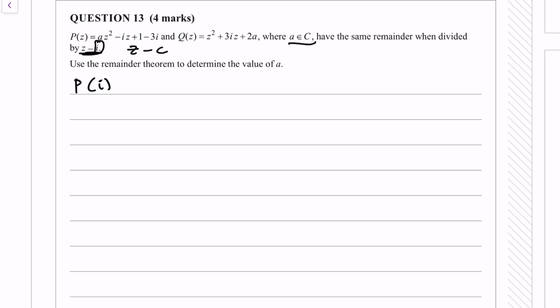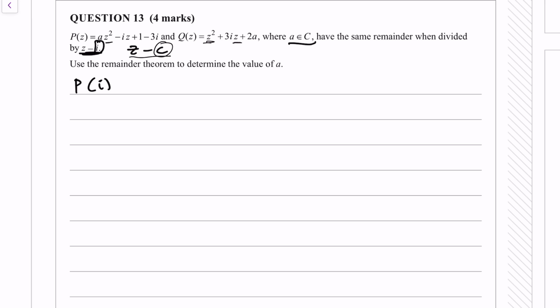So when we're dividing by z minus c in terms of our variable, then we can just substitute into the polynomial the c value.